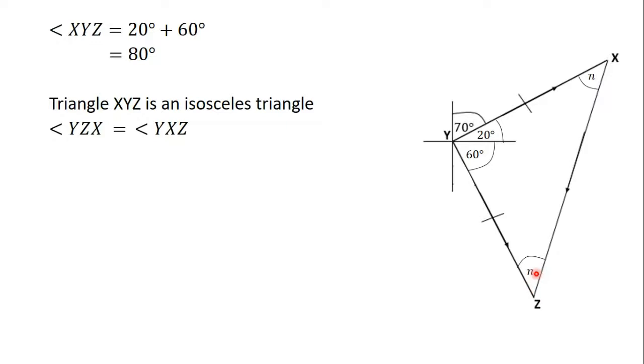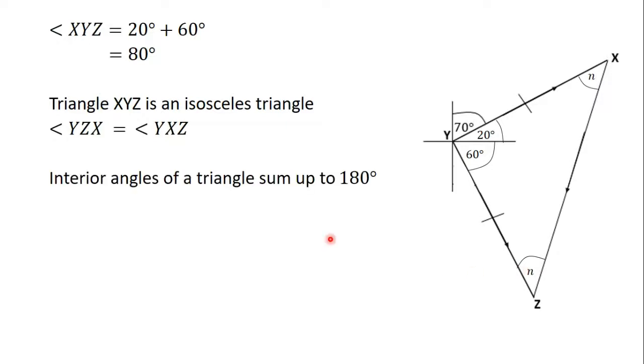If you want to understand why angle YZX is equal to angle YXZ, it has been explained in the video on angle properties of triangles. If you watch that video, you will understand the properties of isosceles triangles, and you will see that the angle created here and the angle created here are the same. So if I call this one angle n, this one is also going to be angle n.